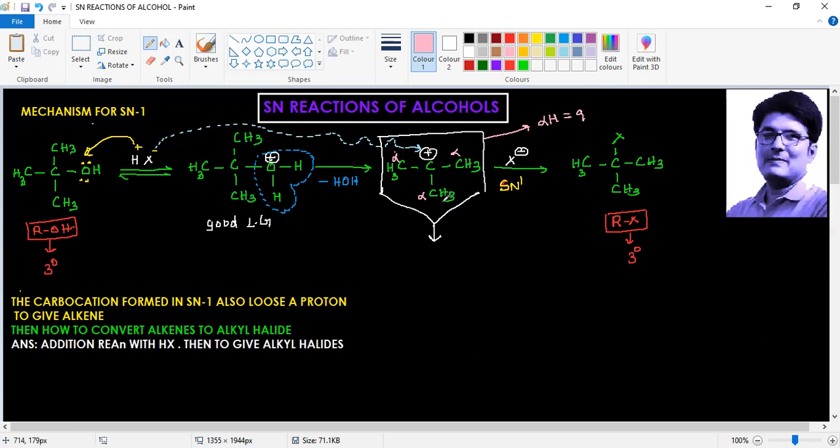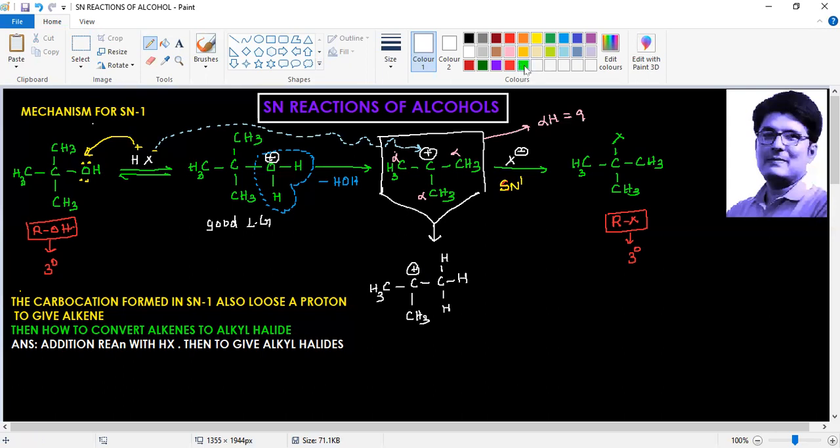So I write it like this: CH3, CH3, CH3 around the carbocation, the same compound, written for easy understanding.